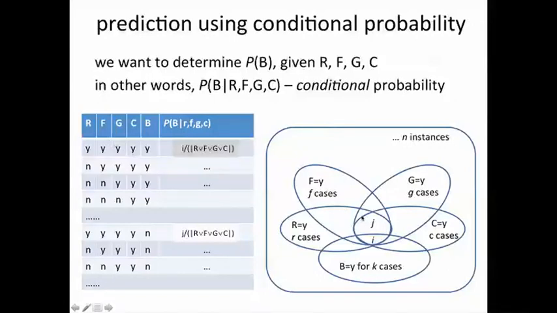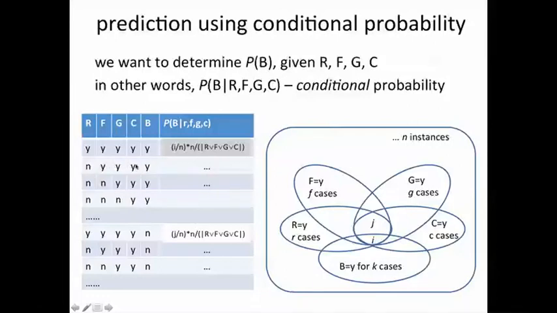Similarly, this part of the diagram J indicates those transactions, or the number of transactions which had a no for exactly the same combination R, F, G, and C being yes. So J divided by R plus F plus G plus C is the conditional probability that buy equals no given the combination all yeses.